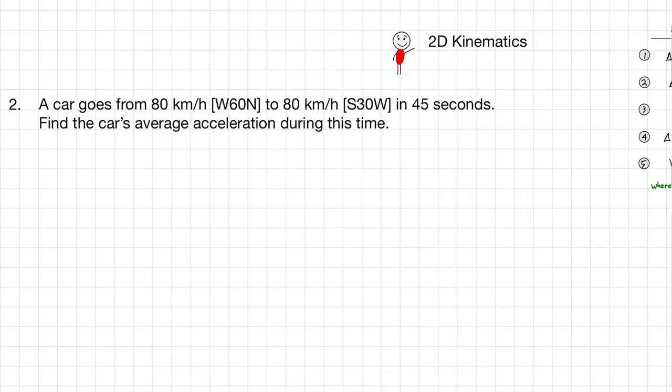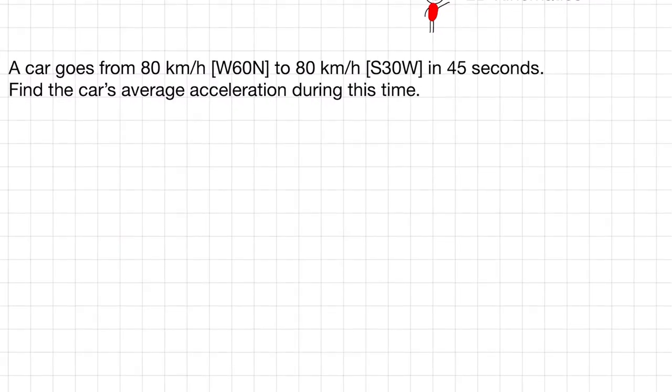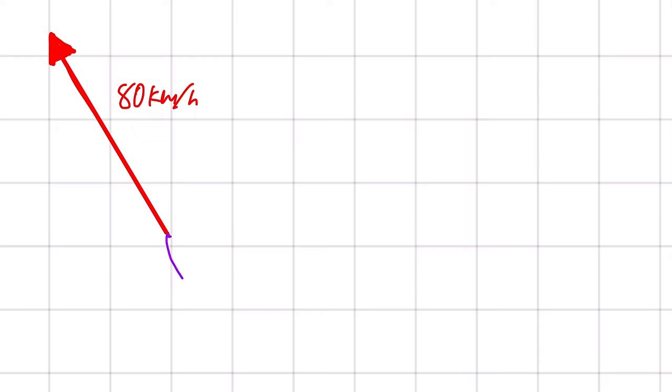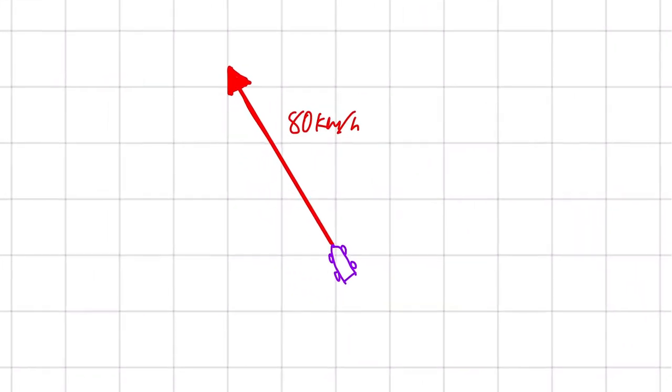So the first thing I want to do is draw a sketch of what we have happening here. So we have an initial velocity of 80 kilometers per hour. I'll do this a bit thicker, 80 kilometers per hour. I'm going to draw our little car here. This is a view from the top, so top view.